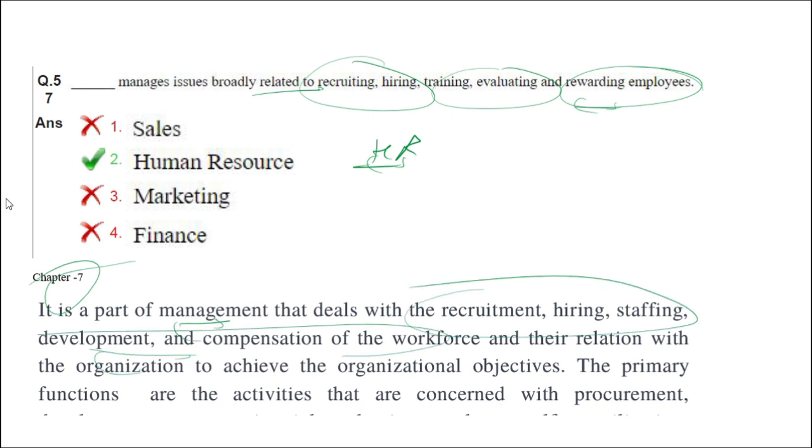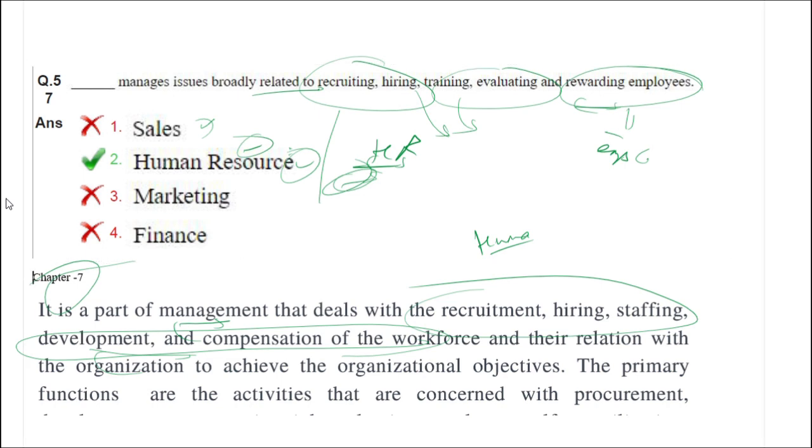So we can directly answer the question. Using elimination, hiring and everything all departments are doing, but the key is always human resources. It is dealing with the employees, hiring, training, and everything. So even from basic English knowledge we can say the answer is human resources.